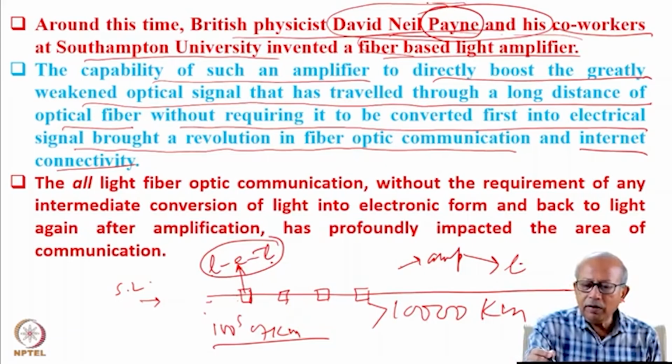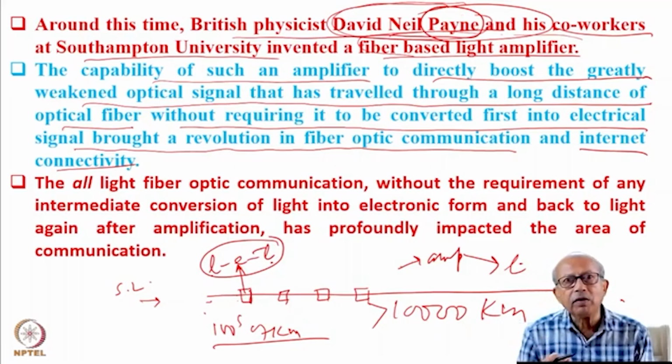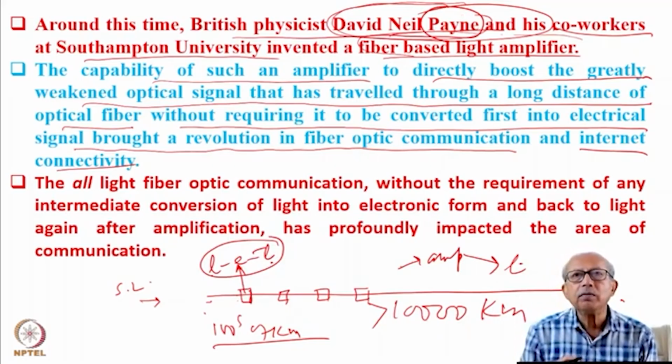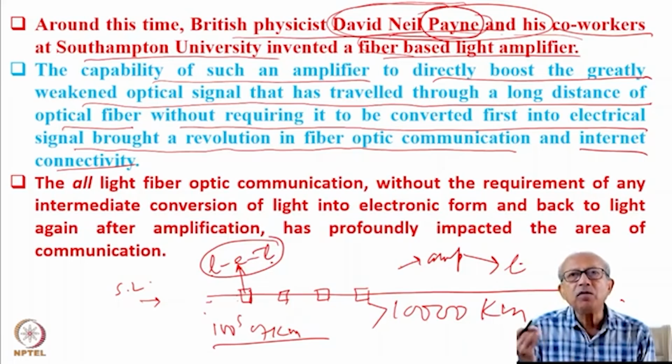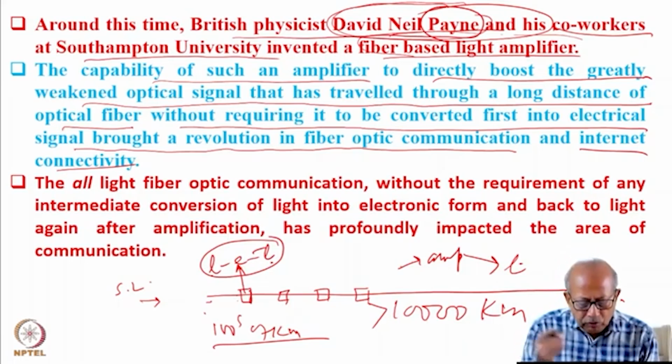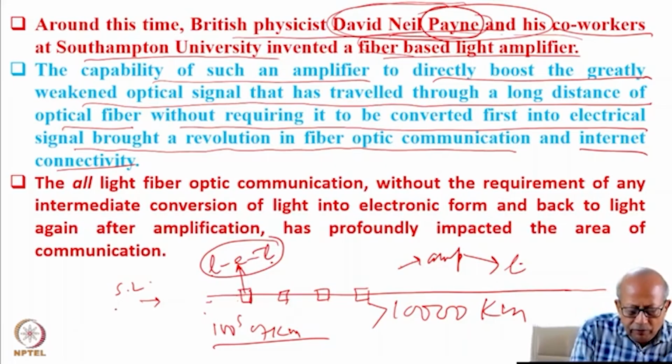the discovery by Payne that light can be amplified as light through optical fiber changed the scenario. It was indeed a game changer. So then what happens now? So this weak signal, this is the fiber.